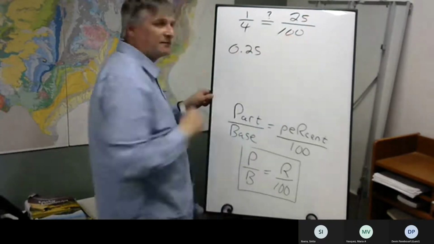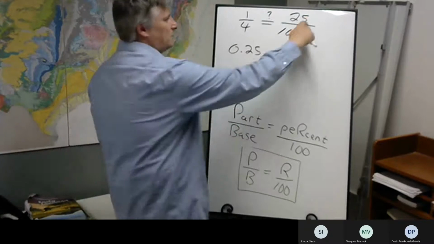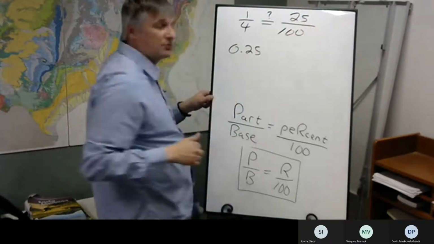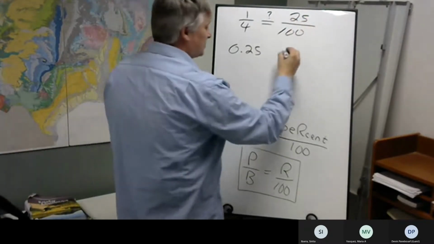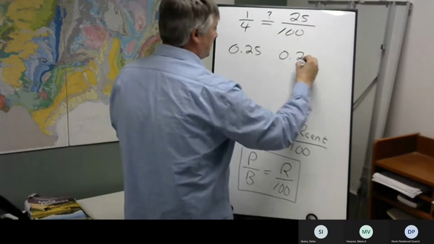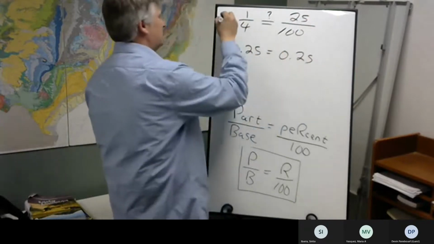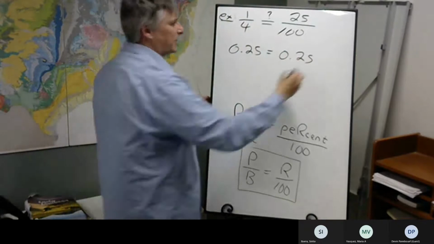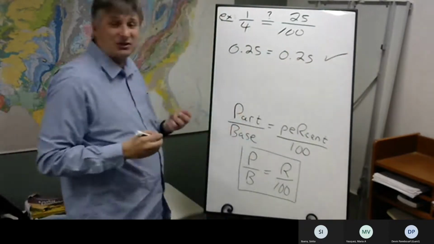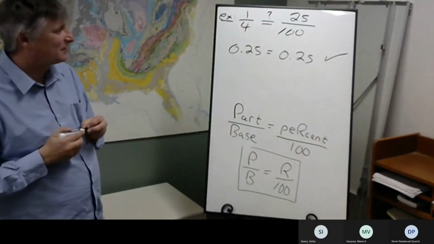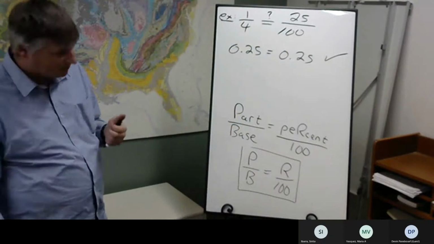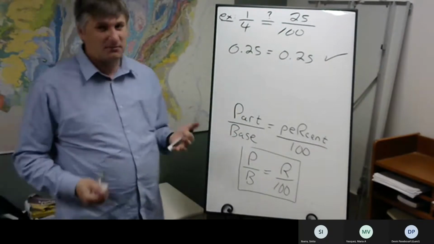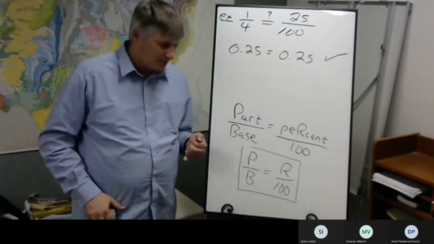And then 25 divided by 100 means you're going to move your decimal 2 spots to the left. So that's also 0.25. So make this an example. Sure enough, that checks out. So this is how the formula works.